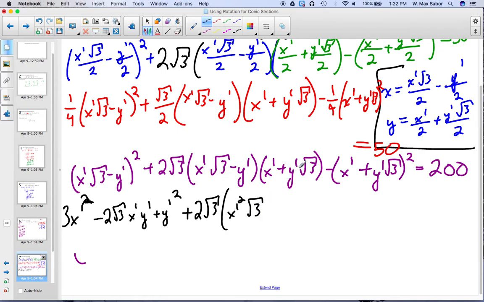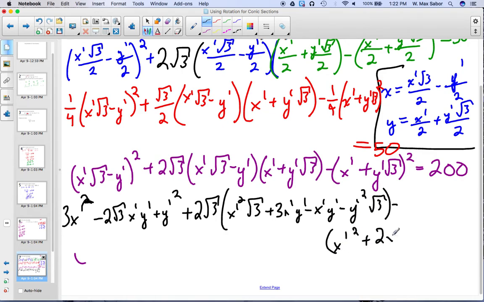We have x prime square root of 3 times y prime square root of 3 is 3 x prime y prime. We have x prime times negative y prime, negative x prime y prime. Negative y prime times y prime square root of 3, so minus y prime squared square root of 3, minus, we have x prime squared plus 2 square root of 3 x prime y prime plus y prime squared equals 200.